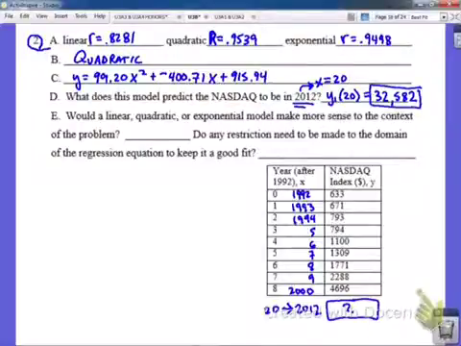Does it necessarily have to be right? Maybe, maybe not. Let's answer the question based on the context. What does the real world meaning of this suggest to us? Would a linear, quadratic, or exponential model make more sense? Listen to me now.